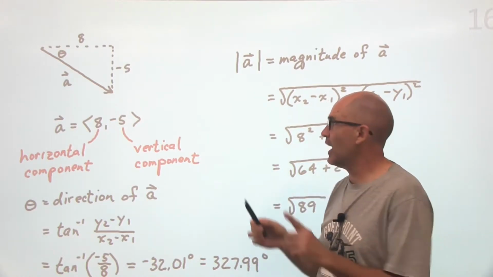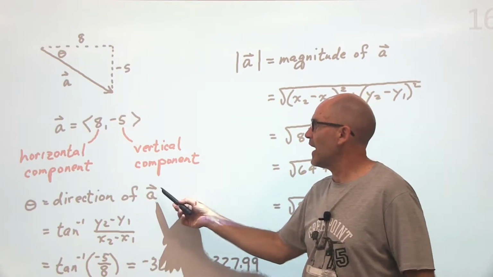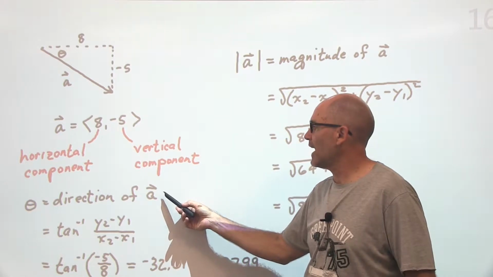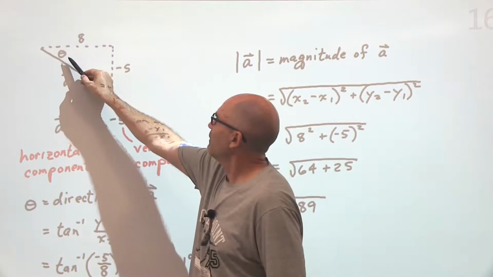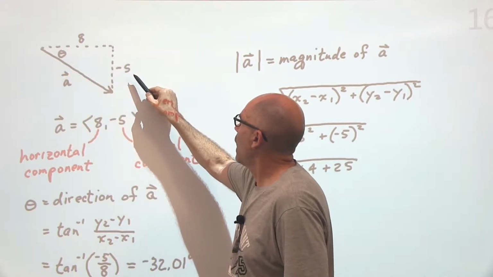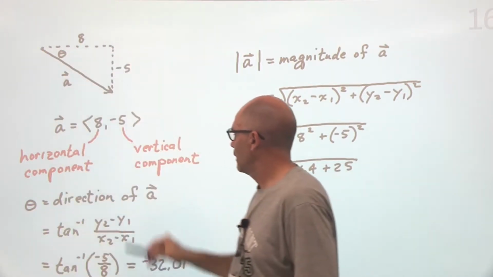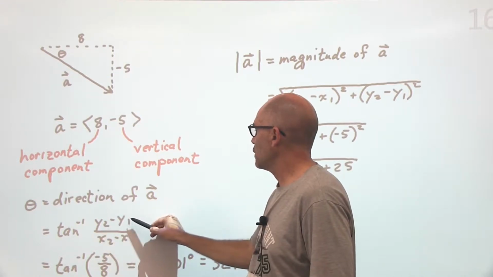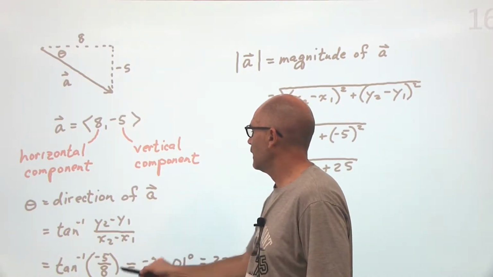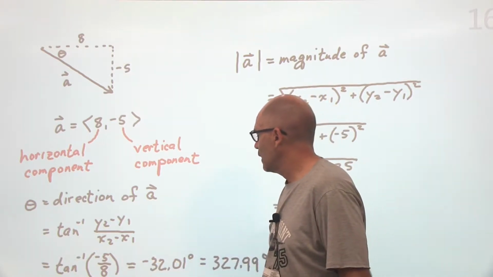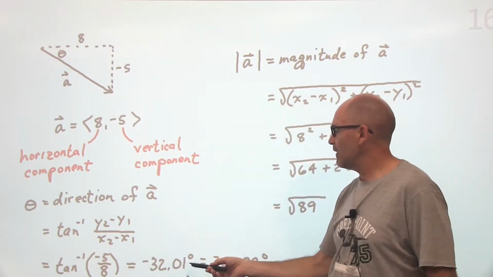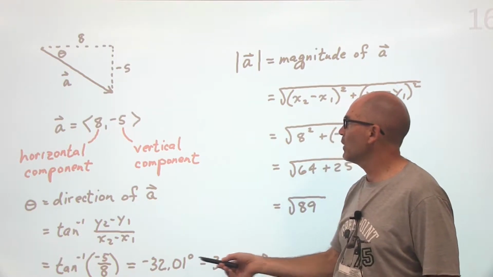You need a magnitude and a direction. So theta being the direction of vector A, how do we get theta? Well, theta is going to be inverse tangent of the y over the x. Inverse tangent of the change in y over the change in x. So in this case, it's inverse tangent of -5 over 8, which turns out to be negative 32.01 degrees.